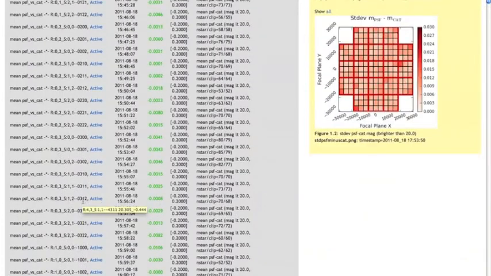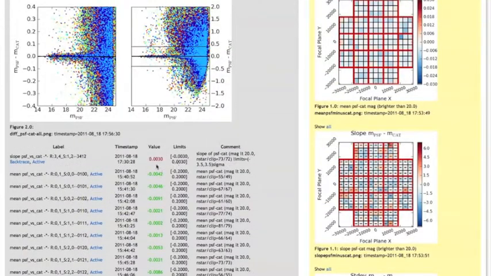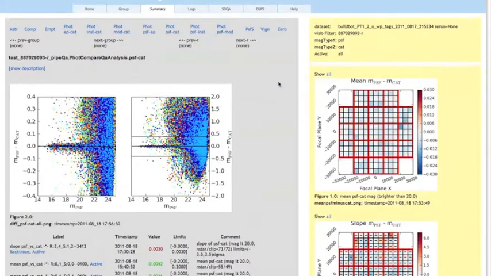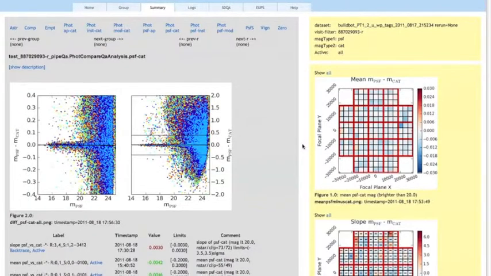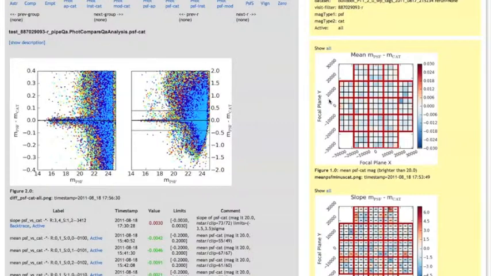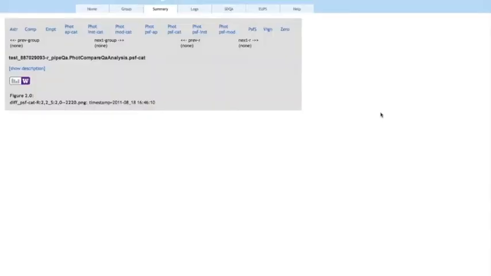It also lists all of the tests, and the ones that are in red are tests that fail. It also gives a little bit of a map over here so that you can actually look at the values in high level. So these are average values per chip, and then you can select a chip to look at it in more detail.